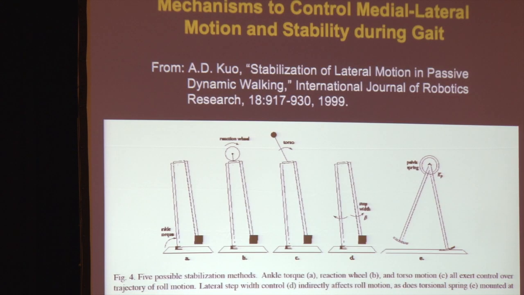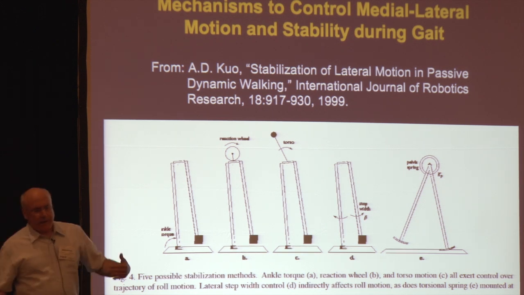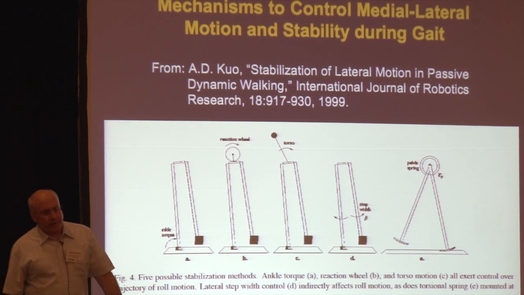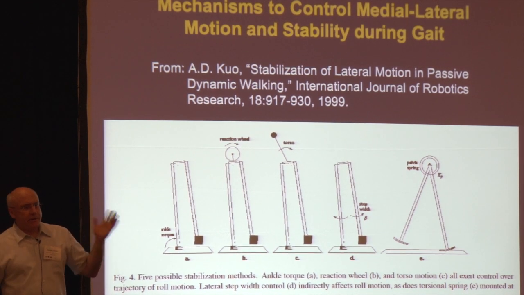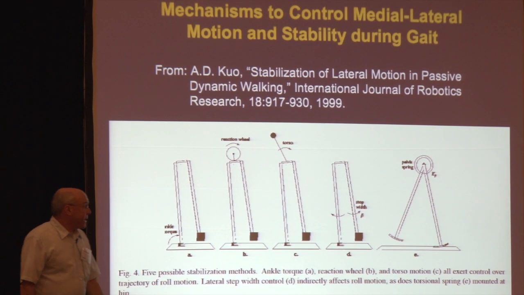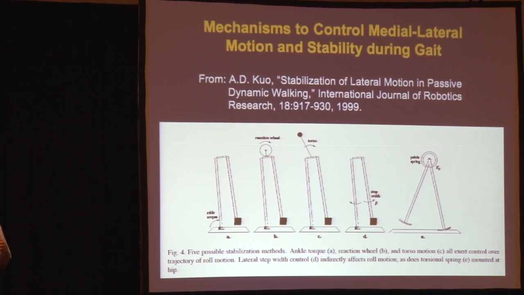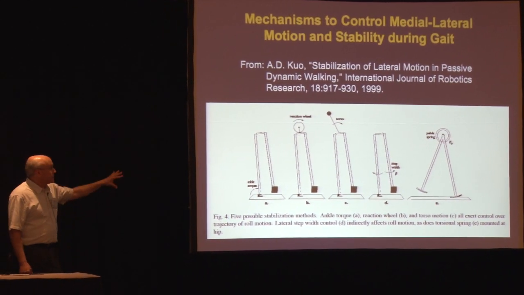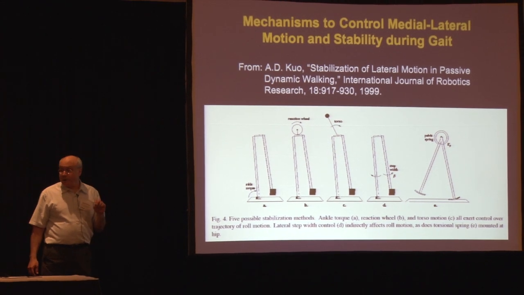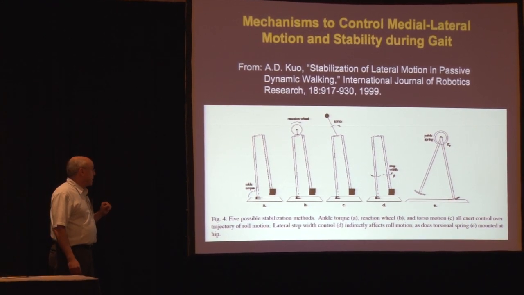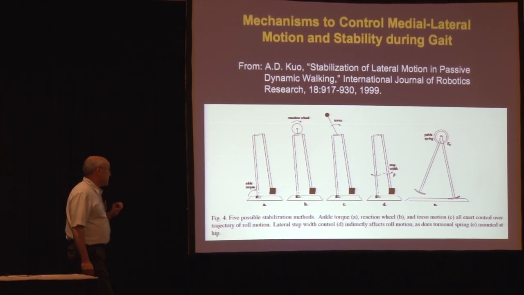And so if that's true, then you have the problem that I mentioned. You're tending to be oriented in one direction while you're stepping, and so you have this asymmetric action of gravity. And Art Kuo, 1999, talked about a set of mechanisms for controlling your medial lateral stability.